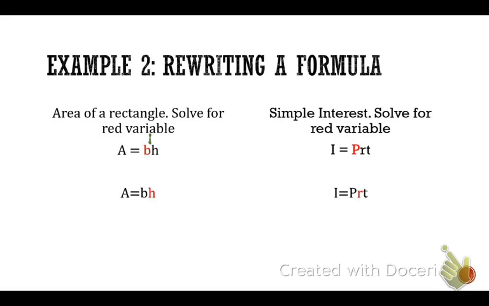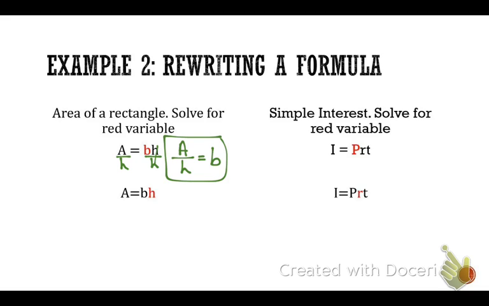Well, do you see addition or subtraction between the two letters? So what do you know it is between the two letters? Multiplication. What's the opposite of multiplication? Division. So divide both sides by whatever is connected to the variable you're solving for. H. If you divide one side by h, you have to divide the other side by h. So a over h equals b. And that's all you have to do.